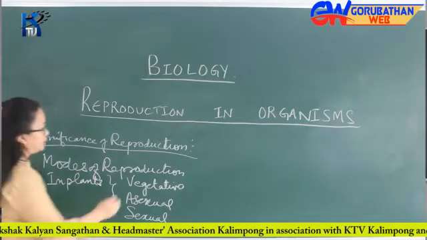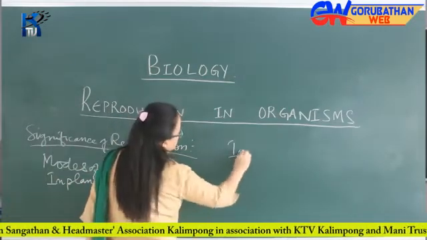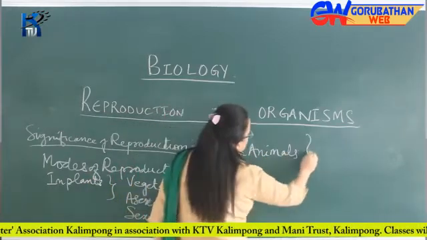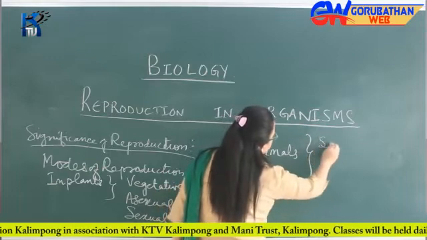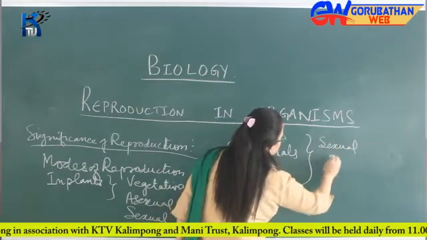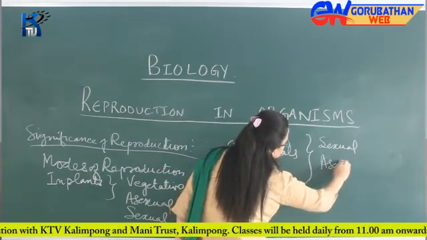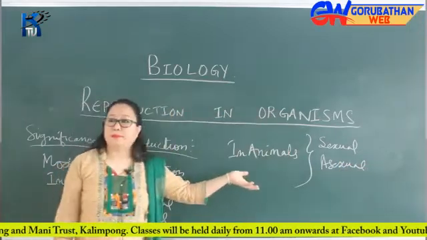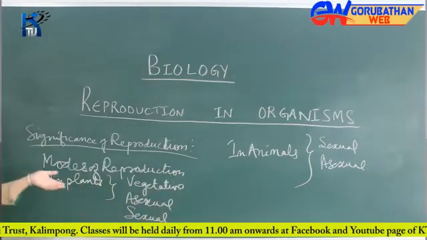And in animals, two types of reproduction are noted, that is sexual and asexual. So sometimes some animals also reproduce parthenogenetically.